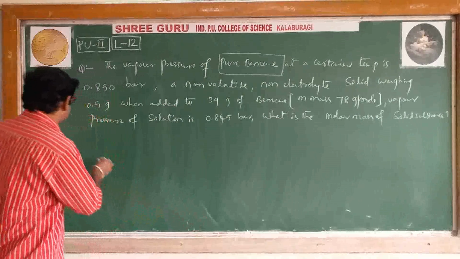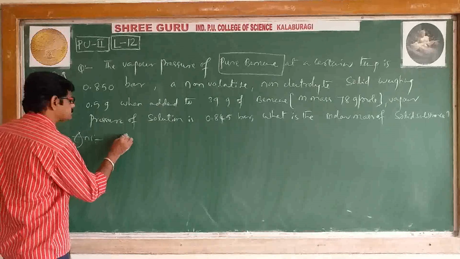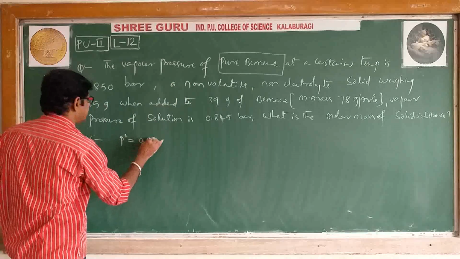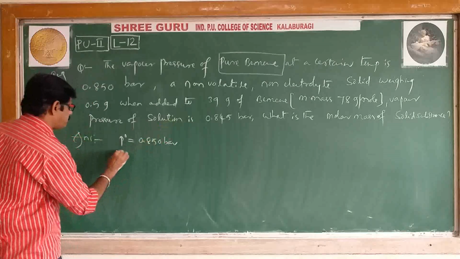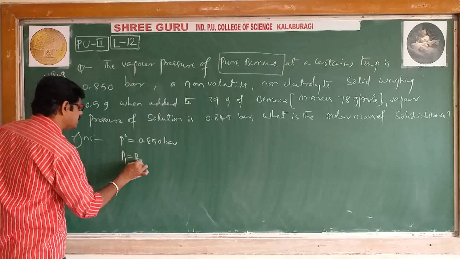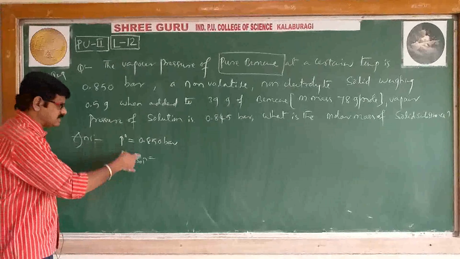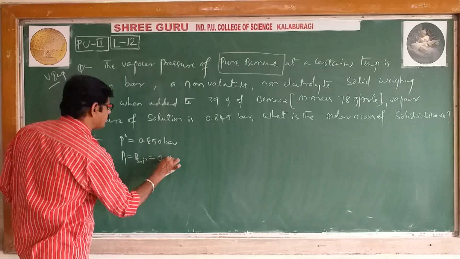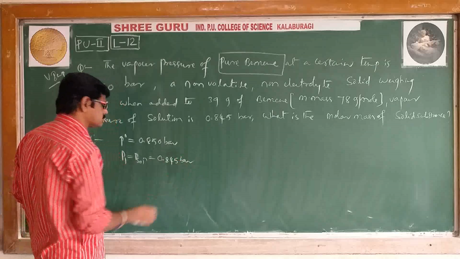First we will write the given information. P naught is equal to 0.850 bar. Next, P1 or P solution, we will write P solution, because writing 1 may cause confusion. P solution is equal to 0.845 bar.